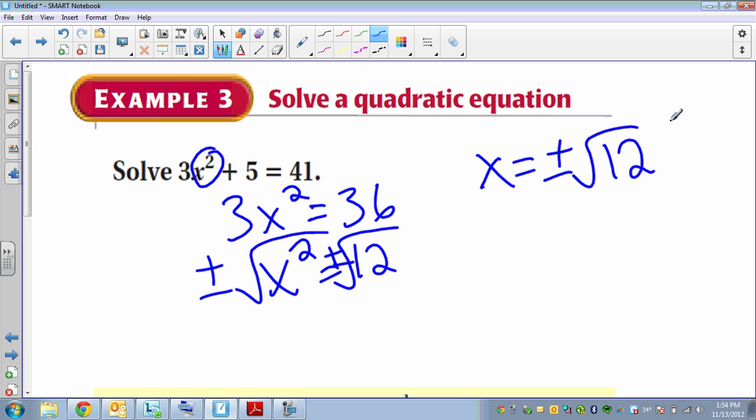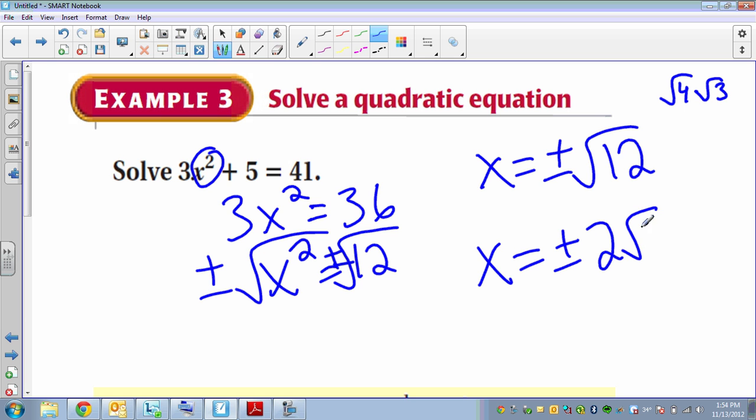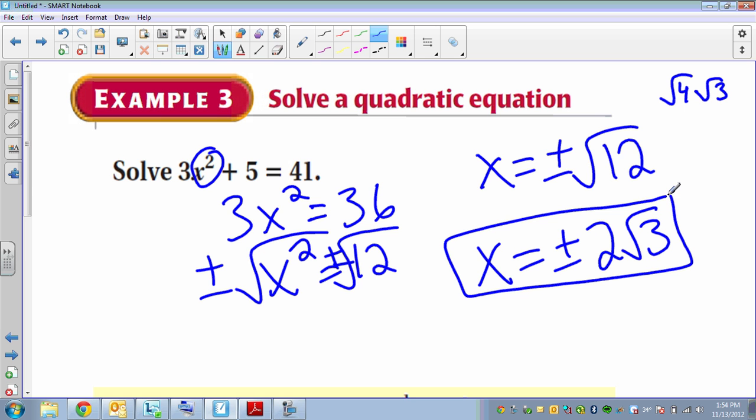But I know 12 is like the square root of 4 times the square root of 3. So our final simplified answer is that. I went through that really fast, but again, you want to get the x squared by itself first. And that's what I did up to here, and then you can simplify the root to get that.